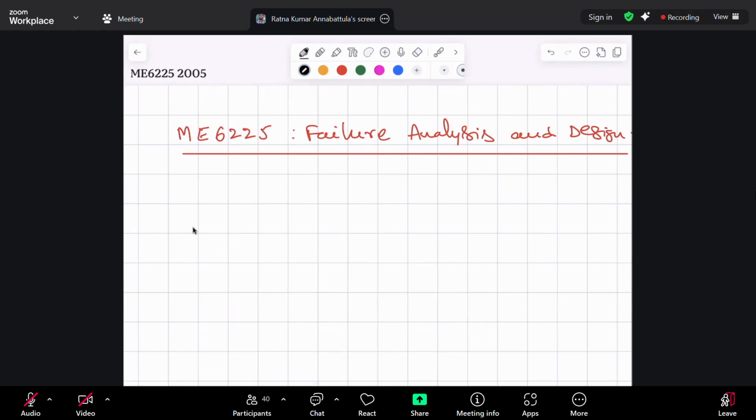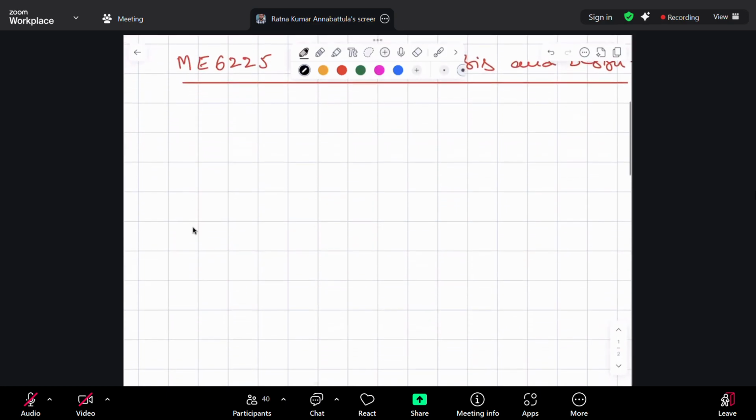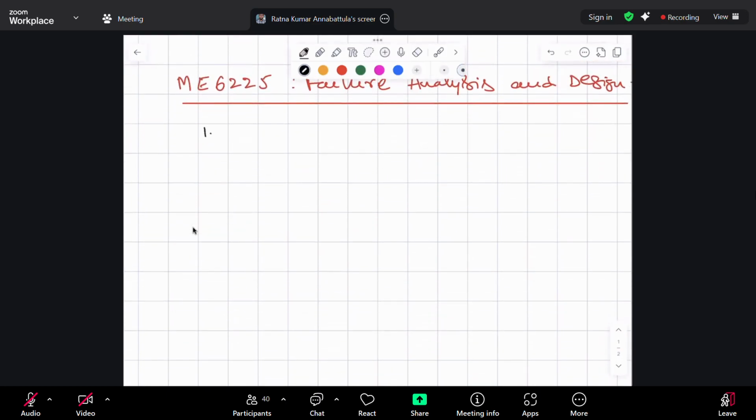Before we actually talk about the course, the first thing that I usually do is to spell out what the expectations of this course are and how the evaluation is going to be. In this course, we will have the following evaluation pattern. One midterm exam, typically 25% weightage, and then there will be a project.